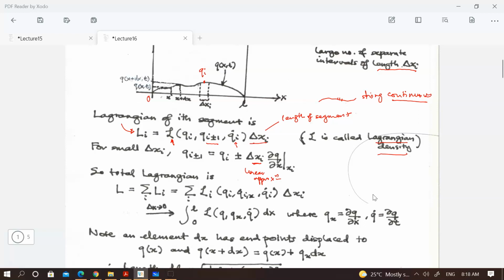So you have partial q, partial x along the ith segment. In other words, this is just like your slope at this particular point, dq dx.